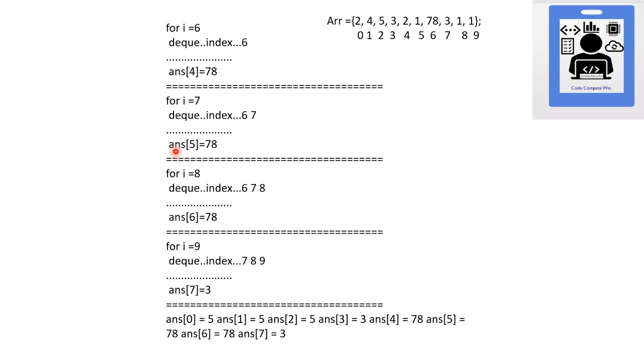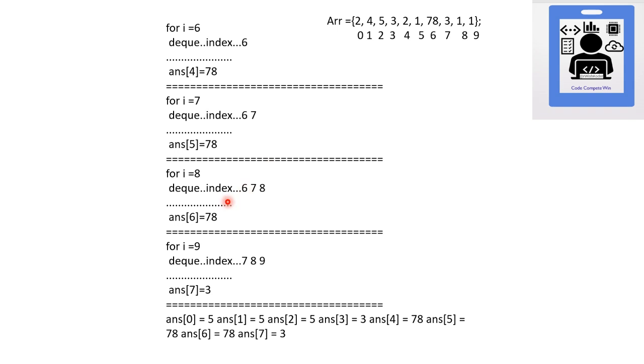Answer 5 equals array of deque dot front, which is 6, so array 6 is 78, so 78 is our answer 5.